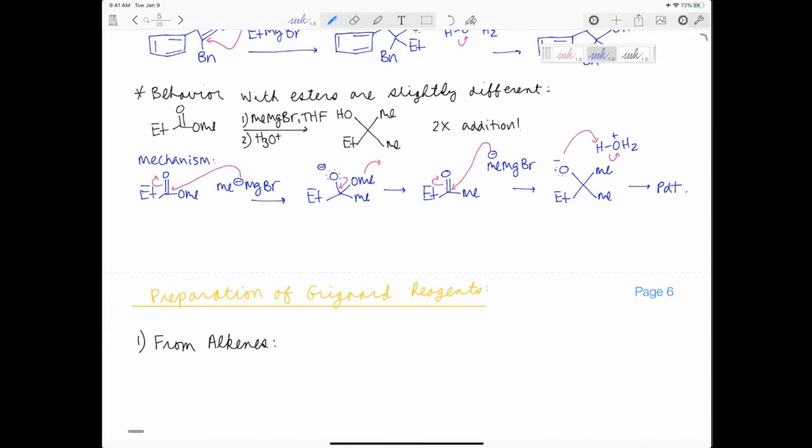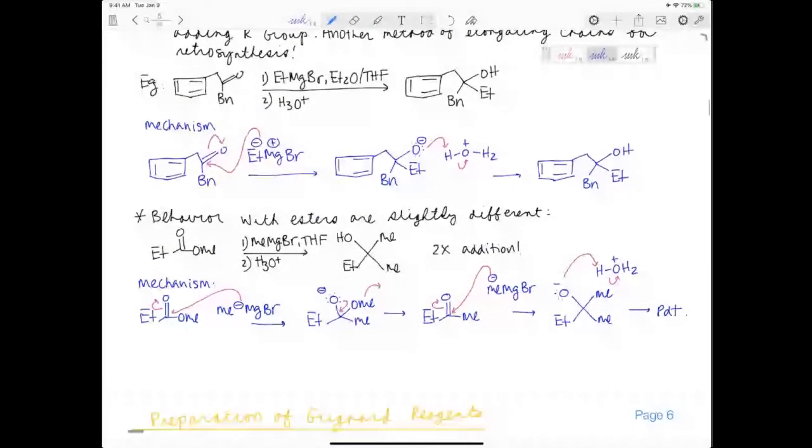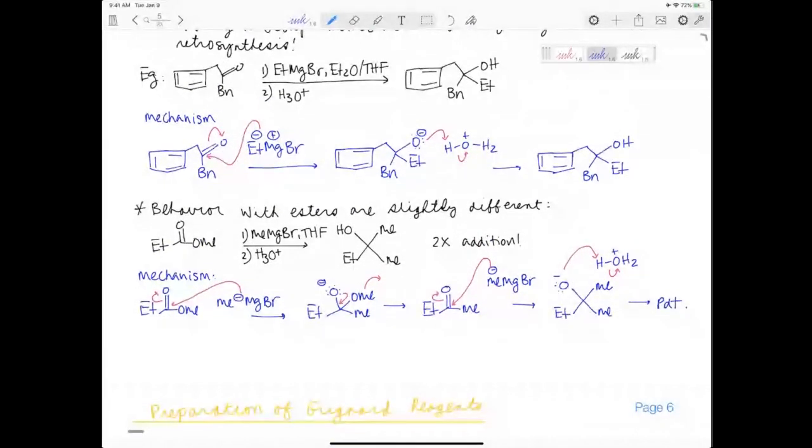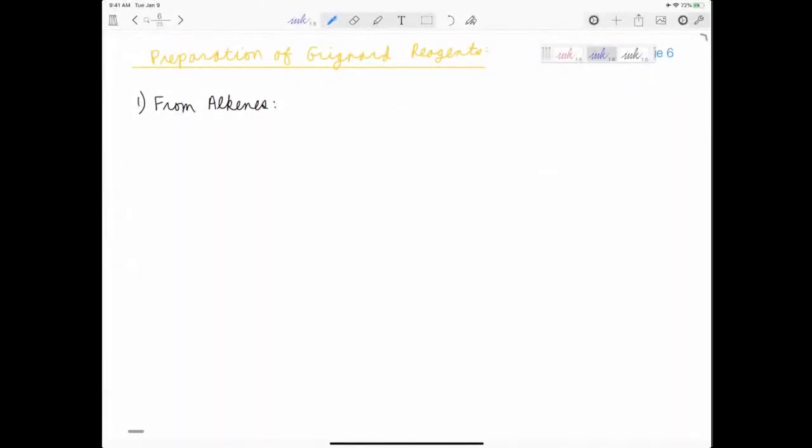So Grignard reagents are really special because they take up such a big topic in alcohols. We are going to consider the way they're being prepared. There are a few things that can happen with Grignard reagents. The first thing is that you can prepare a Grignard reagent from alkenes.